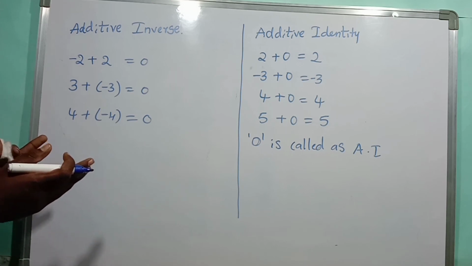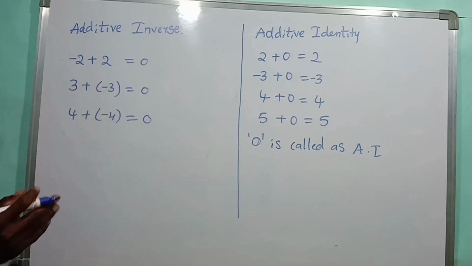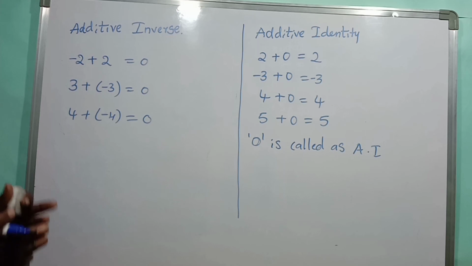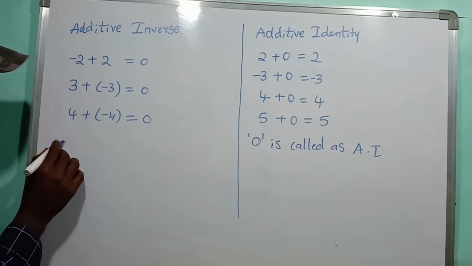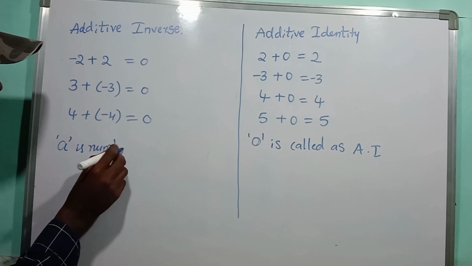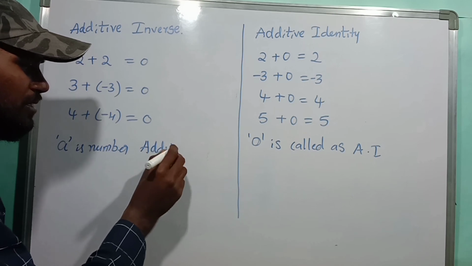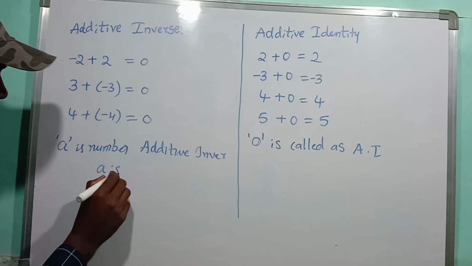I am adding opposite signs. Here plus is there, here minus. So additive inverse is, in general, for any number, the number with the opposite sign. For example, let a be the number, then the additive inverse of a is minus a.